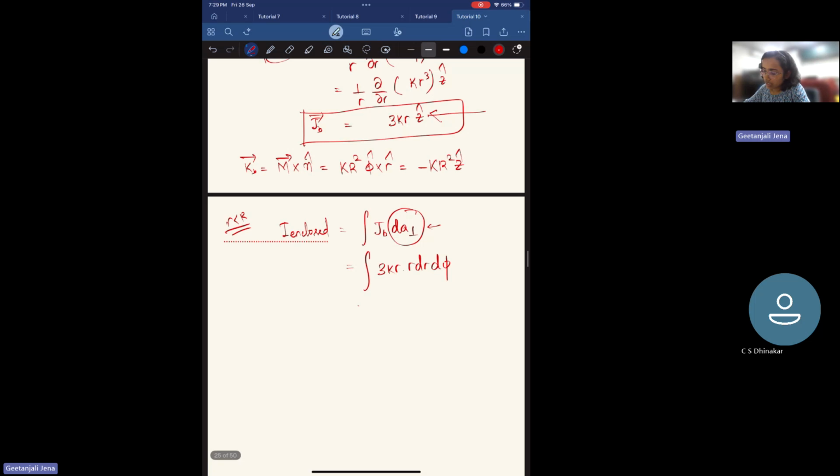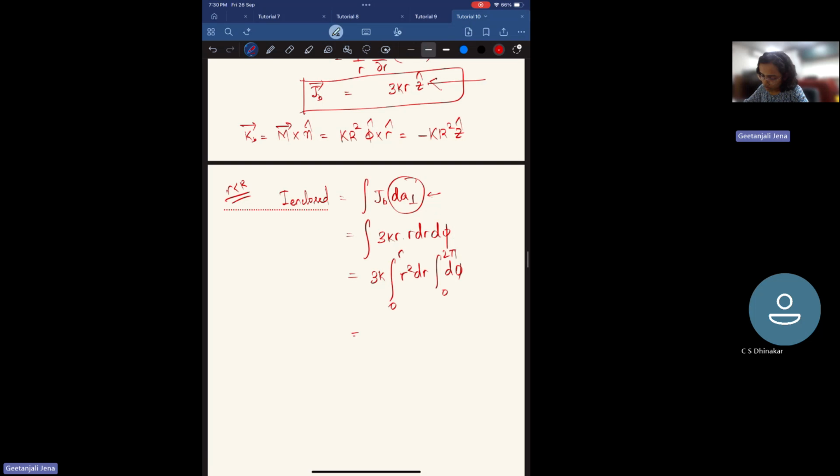So this is 3k r² dr dφ, with φ from 0 to 2π and r from 0 to small r for inside. This gives 6πk r³ by 3, which is 2πk r³.